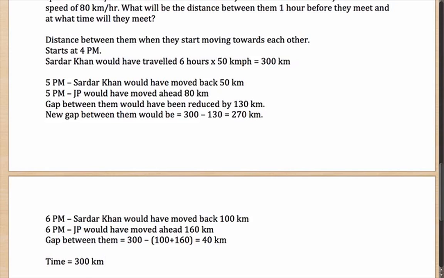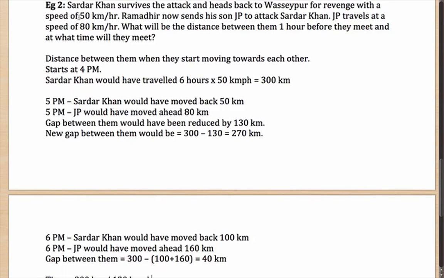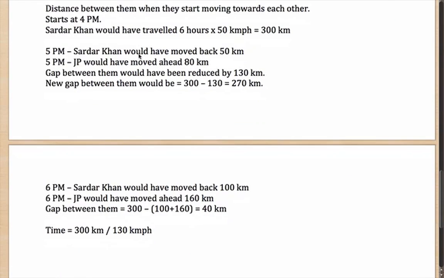So if you wanted to find out the time when they will meet, all you needed to do was take the total distance between them divided by the relative speed. They are essentially covering 130 kilometers every hour towards each other. So the relative speed is 130 kilometers per hour, which you can easily figure out is nothing else but the sum of these speeds of 50 and 80.